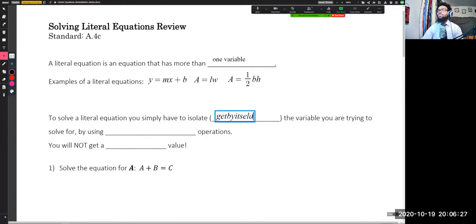Oops, wrong editor there. If you guys do that, remember you can switch between the text editor and the equation editor. One says text box, one says equation. You have to be in the equation one to get the math symbols and in the text box to get text. So back to what I was saying, to solve a literal equation, we have to isolate, and to isolate means to get by itself.